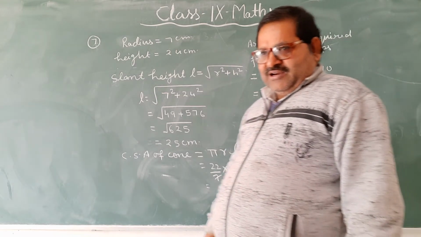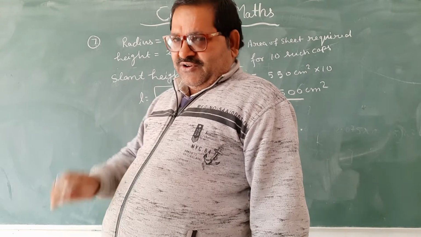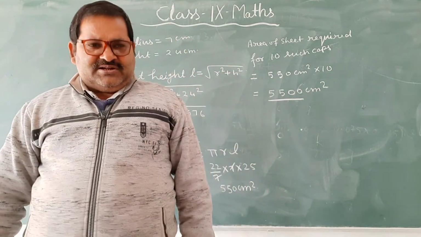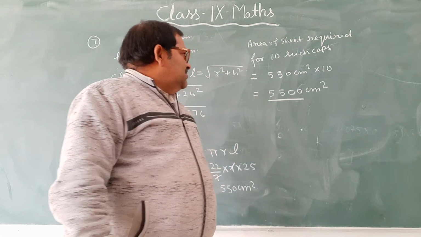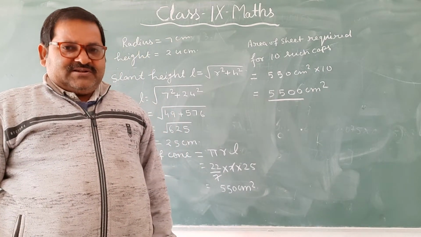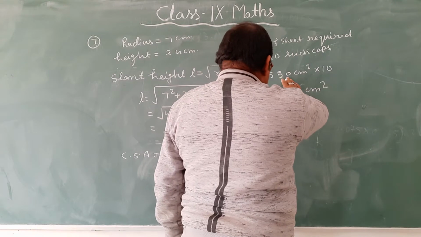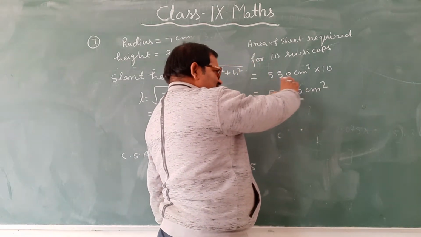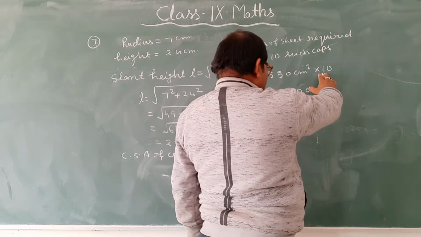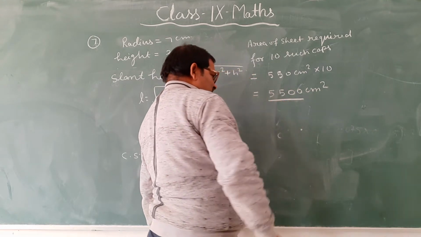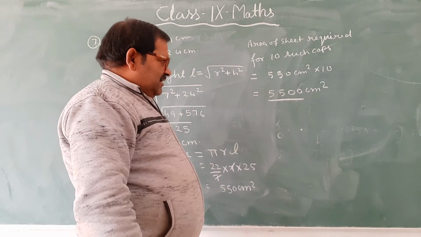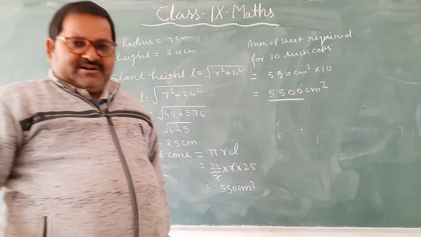So the required area of sheet for 10 such caps equals 550, the curved surface area, into 10 caps. Now multiply to get the result for 10 such caps.